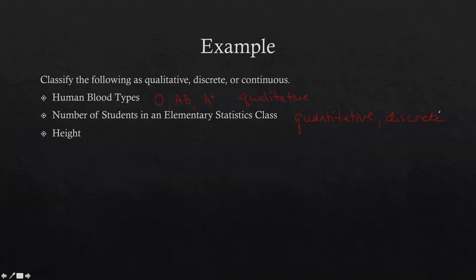Now, here's the one we want to be careful with, height. Your immediate thought should be height is a number, so that's quantitative. That's the easy part. Now, which is it, discrete or continuous? And your first thought's probably going to be, well, that's discrete because I can count a height. This is actually, folks, continuous.